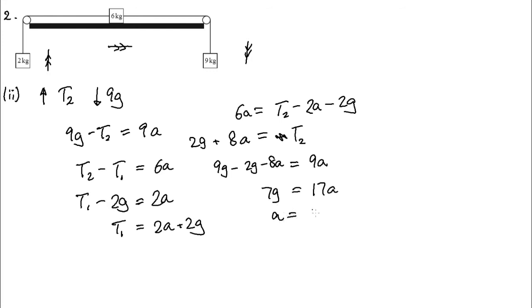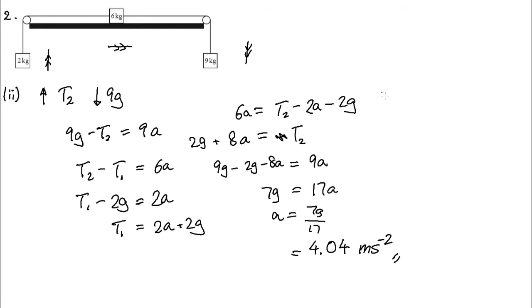Therefore a is 7g over 17, which, when you plug it into the calculator and use g as 9.8, as all mechanics papers ask for, and it's written on the front page of the exam as well, is 4.04 meters per second squared, to 3 significant figures. So that is the acceleration of the entire system, and we now need to find T1 and T2.